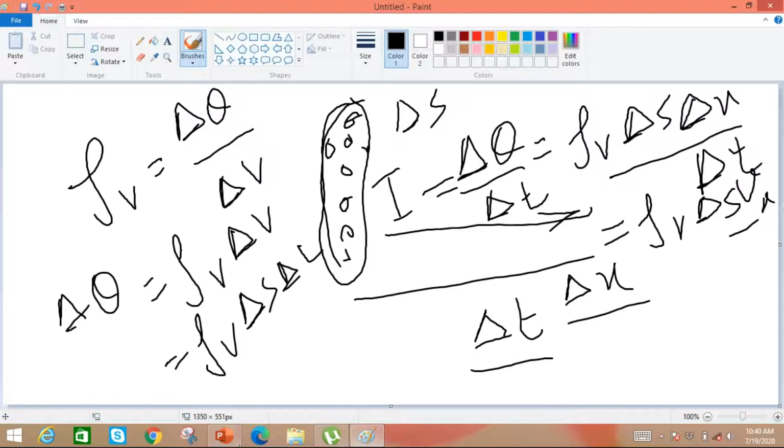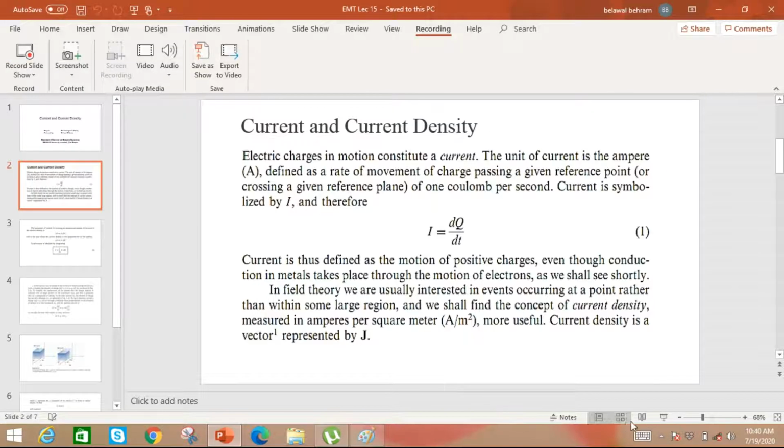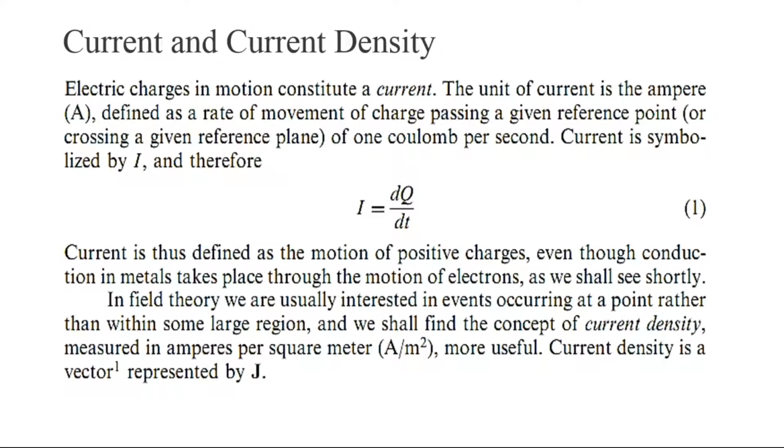Let's come back towards the presentation. In field theory, we are usually interested in events occurring at a point rather than within some large region, and we shall find the concept of current density measured in amperes per square meter.